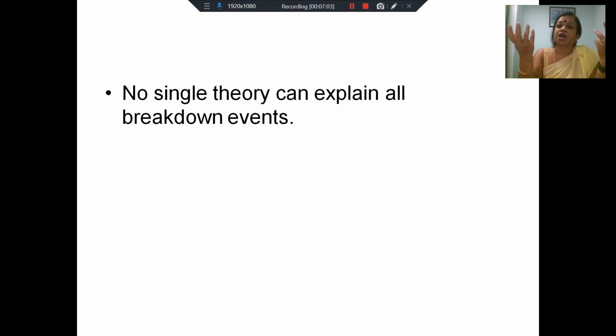These are the various theories by which the vacuum can sustain pre-breakdown phenomena, and what really happens is probably a mix and match of many of these processes which ultimately lead to breakdown in a vacuum. No single theory can explain all the breakdown events, but all of them can contribute in some way or the other. We have also learned what are the factors that we should control to prevent any of these mechanisms from coming into play.